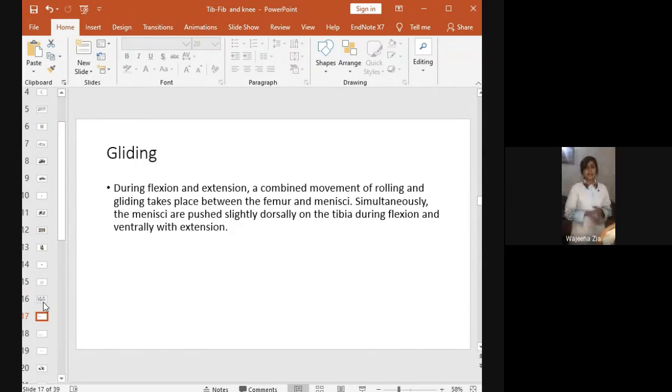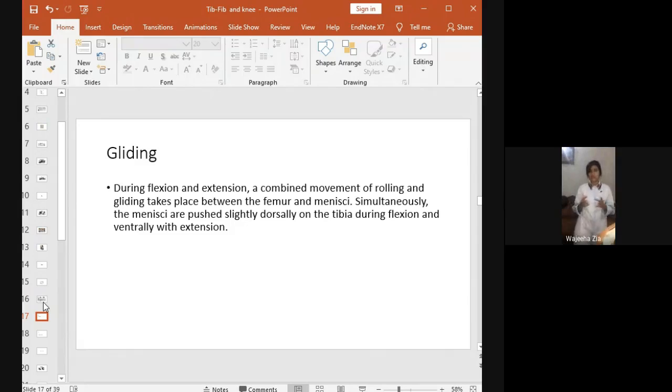Now, the gliding and rolling at the knee joint. In flexion and extension at the knee joint, there is a combination of rolling and gliding at the femur and the menisci. Whenever the knee goes into extension, the menisci move in the ventral direction, and whenever the knee goes into flexion, the menisci move in the dorsal direction.